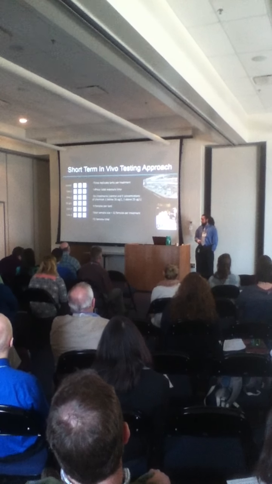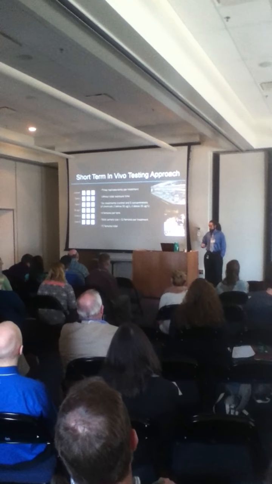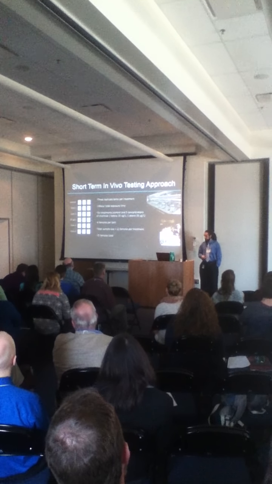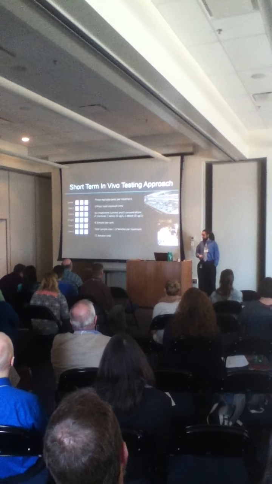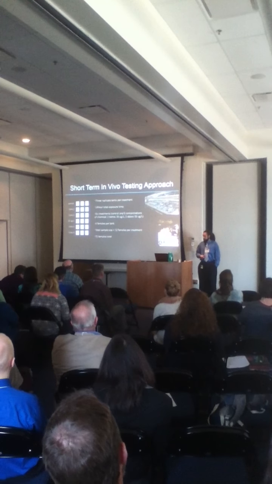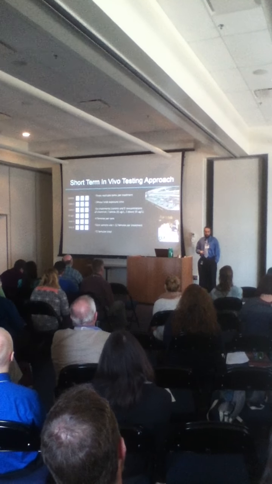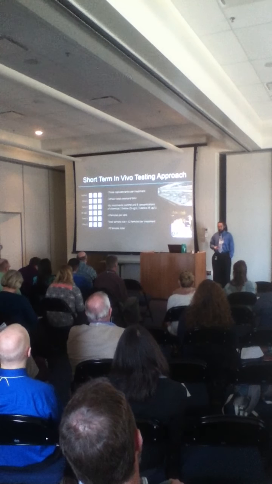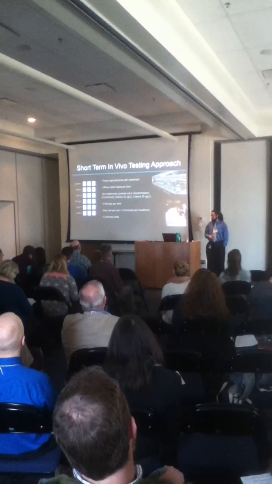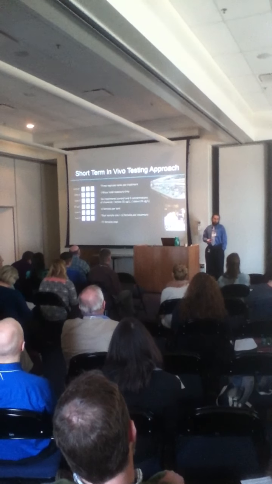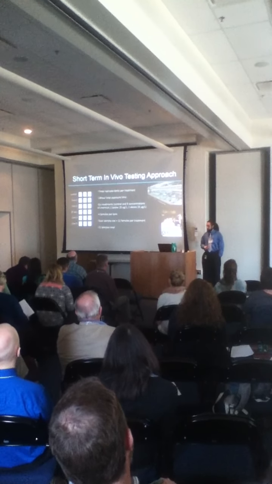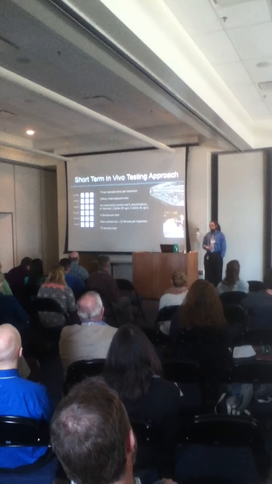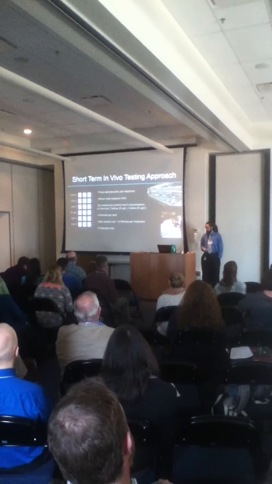We devised short-term in vivo exposures to generate the input data for our models. In our short-term exposures, we exposed fish to 6 treatments: one control with Lake Superior water and then 5 different concentrations of our aromatase inhibitor. 2 of them were below 25 micrograms per liter, 2 of them above 25 micrograms per liter. 25 micrograms per liter was our median because that was what our previous model predictions were based upon.